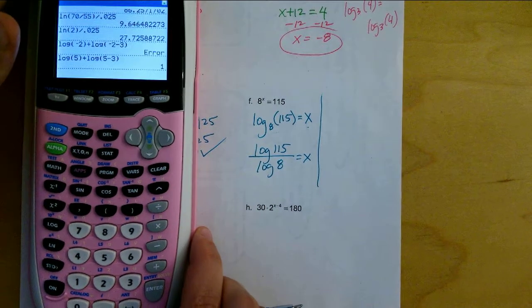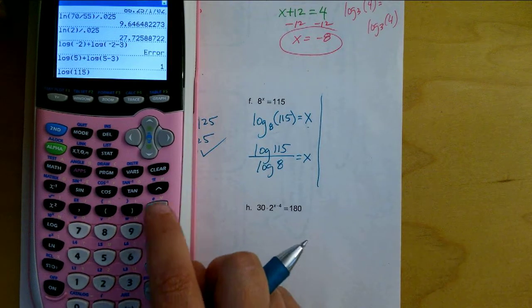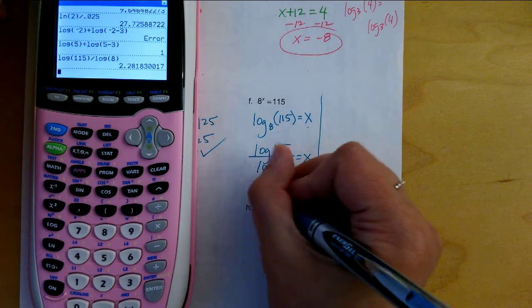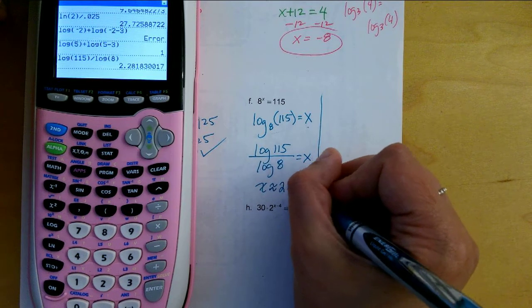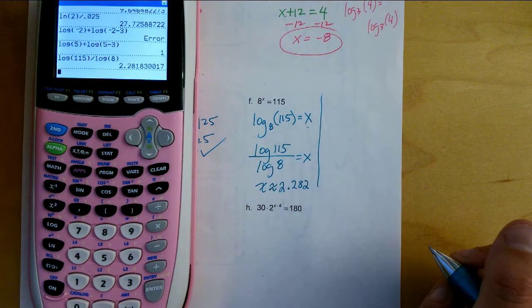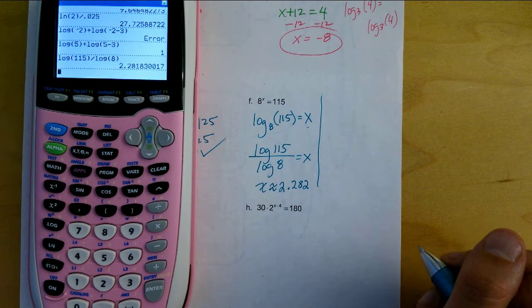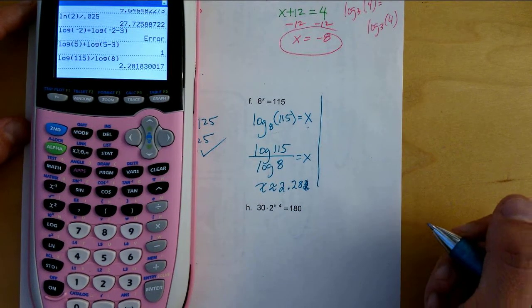So we're going to have log of 115 divided by log of 8, and that gives us x is approximately 2.282, rounded to 3 decimal places. I believe it said on the last page to round to, oh no, it says round to 2 decimal places. Okay. Well, anyway, it's approximately that.